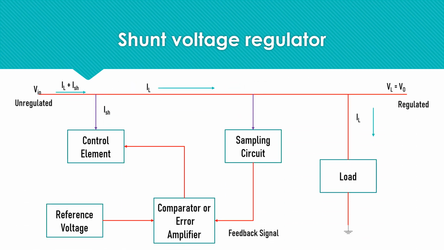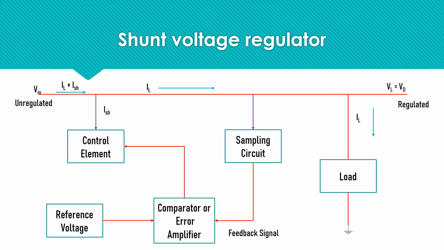The block diagram of the shunt voltage regulator is as shown. In this case, you can see there is a control element which is in parallel with the load. The unregulated input voltage provides the amount of current, which we have considered as IL plus ISH. ISH is the shunt current, IL is the load current.